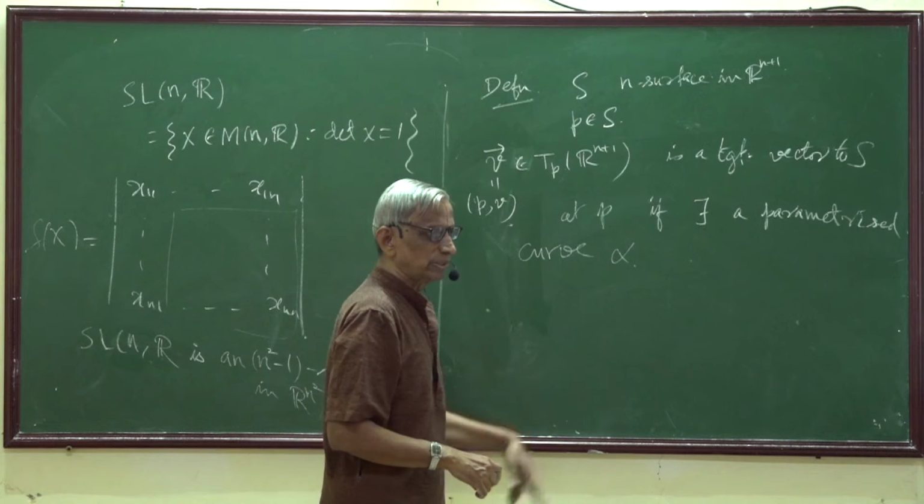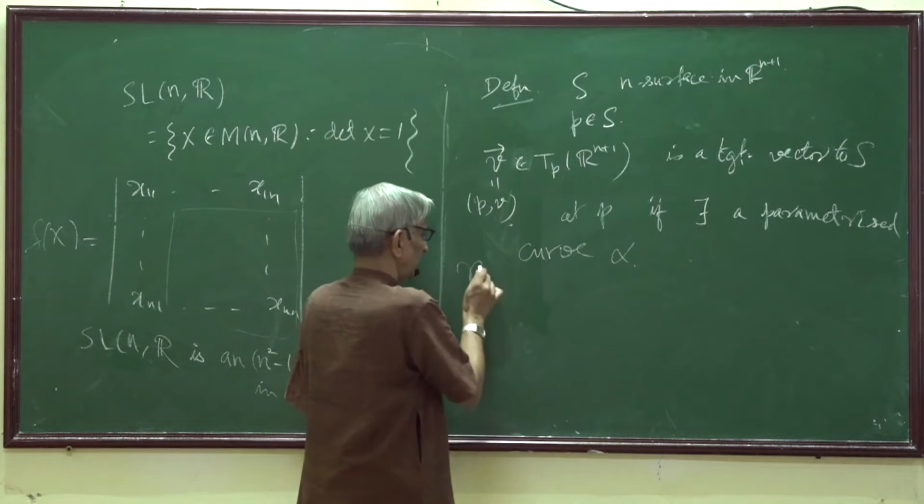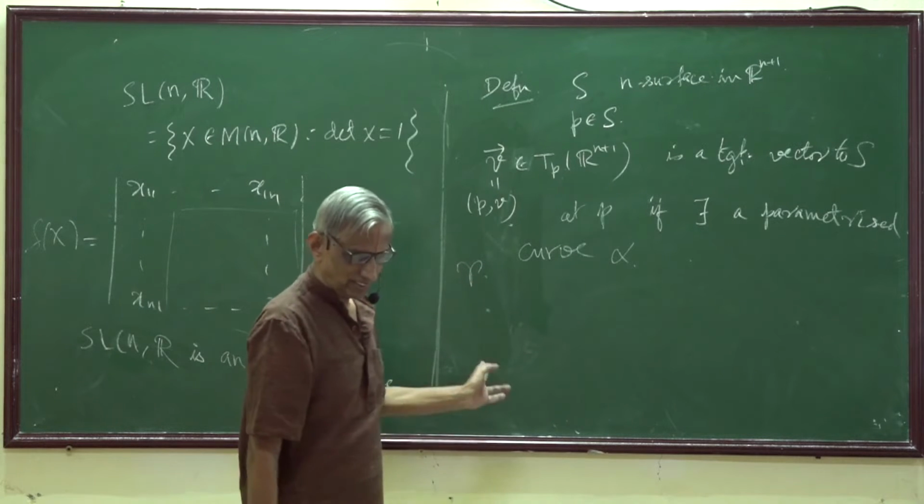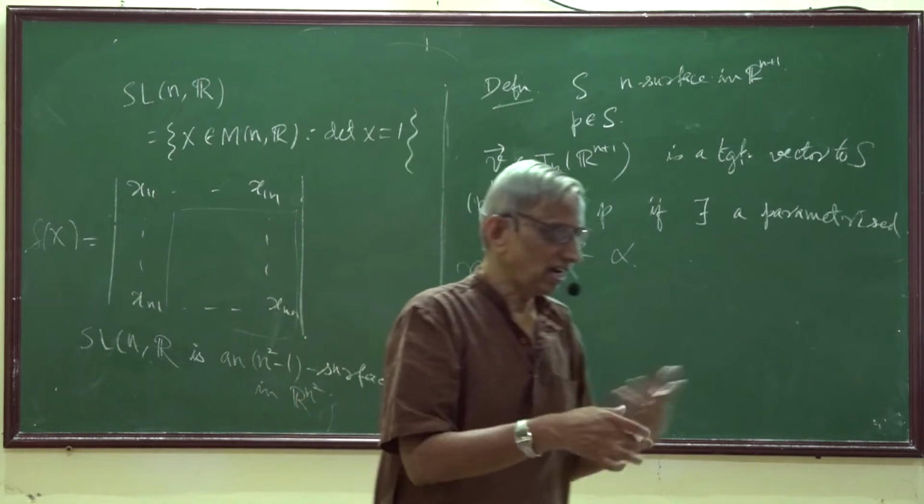Alpha is easier for me to write rather than gamma. If I write gamma, it looks like gamma or R or something.